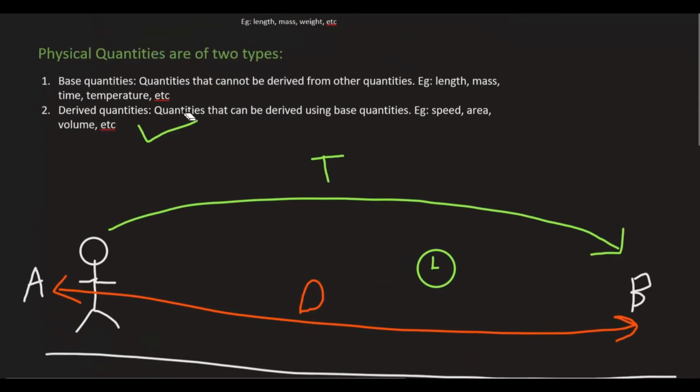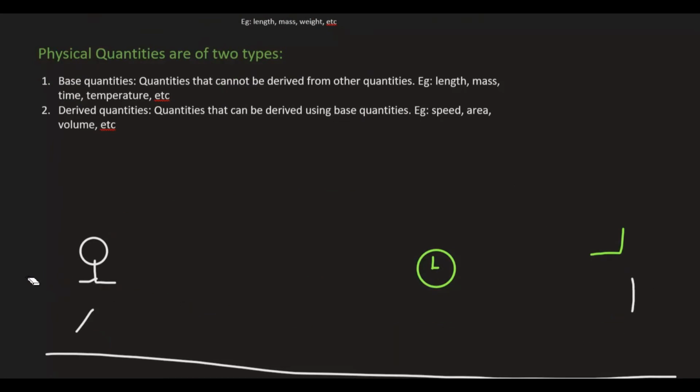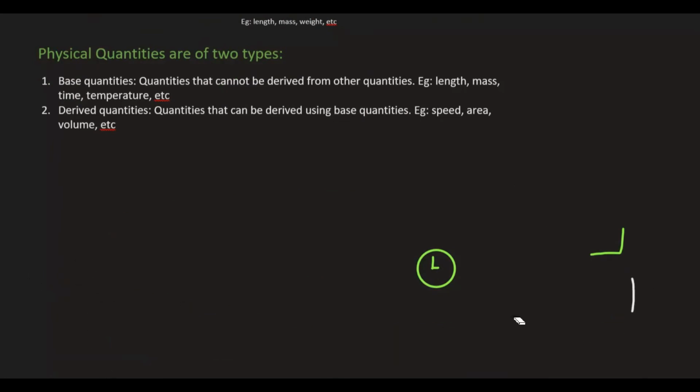I think that if I explain to you what a derived quantity is first, you will simply understand what I mean by base quantity. So first of all, let's just see the definition, okay? Base quantities are quantities that cannot be derived from other quantities. For example, length.